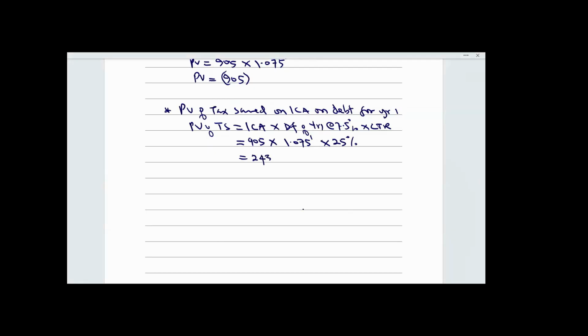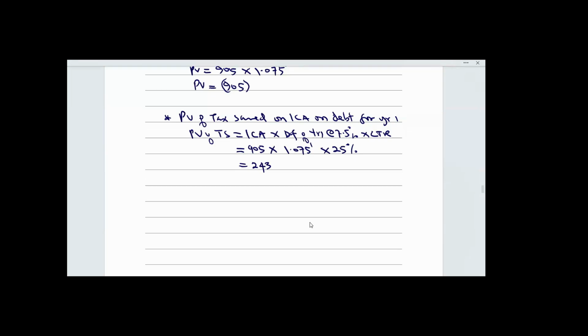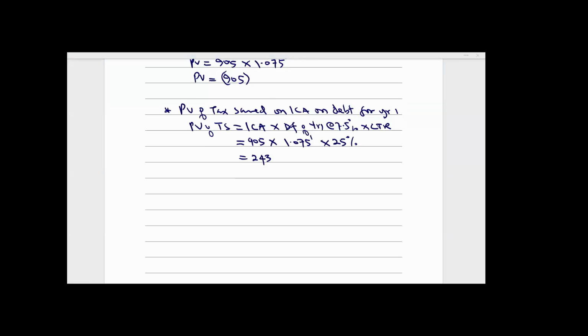So, are you sure it's 243? Yes, sir. Okay, let me try and see. Where's my calculator? 1.075 raised to power 1 equal, multiply by 905 equal, multiply by 0.25 equal, you are correct, 243.